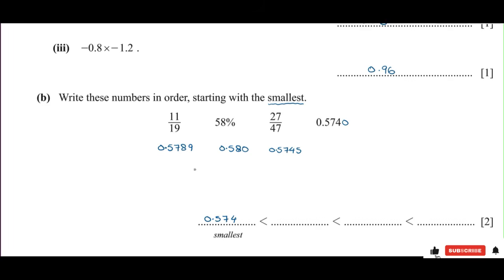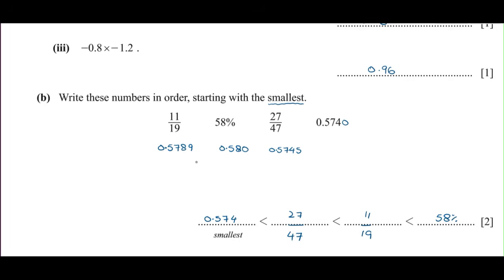And then from the other two we have 0.5745 and 0.5789. So this one is the smallest, which is 27 divided by 47. Then 0.5789, which is 11 over 19, and the largest one is 58%.